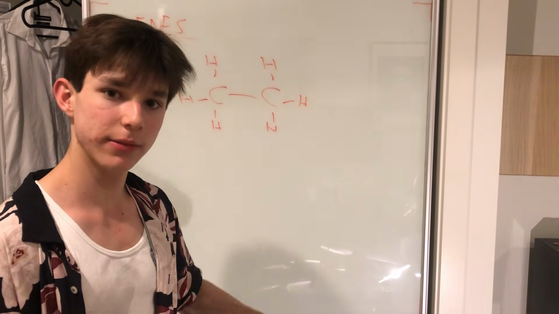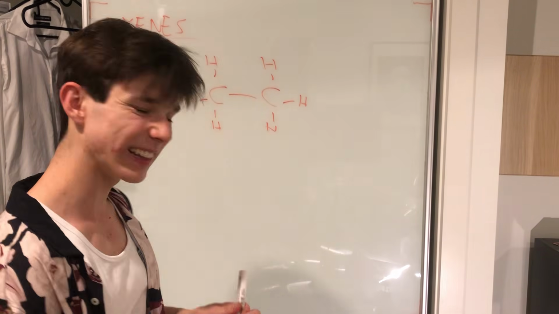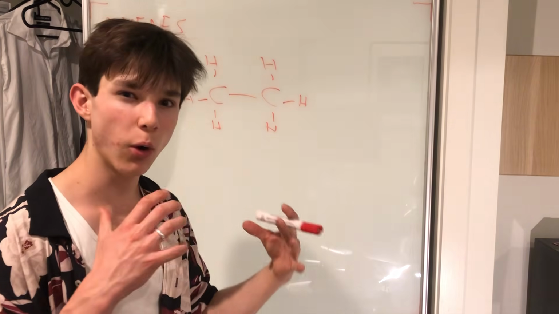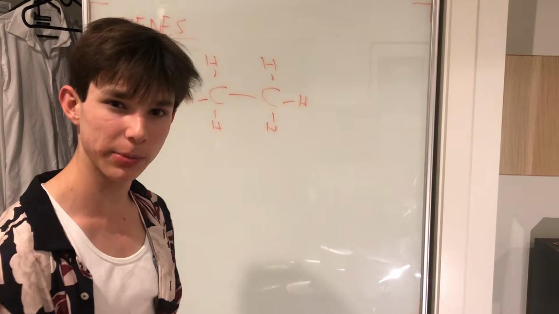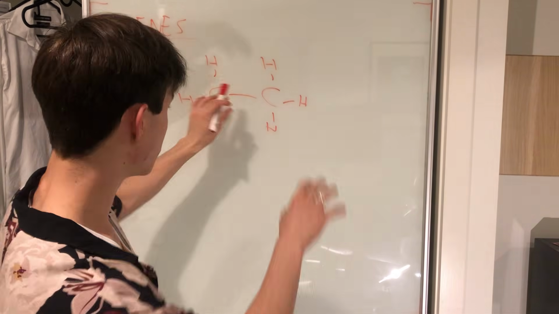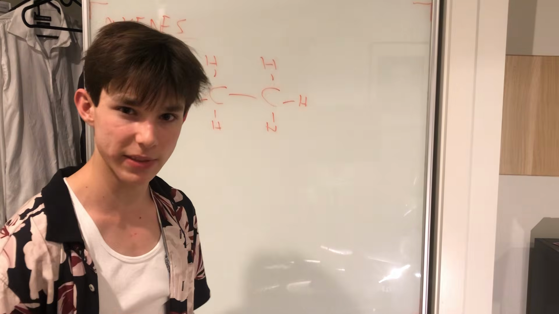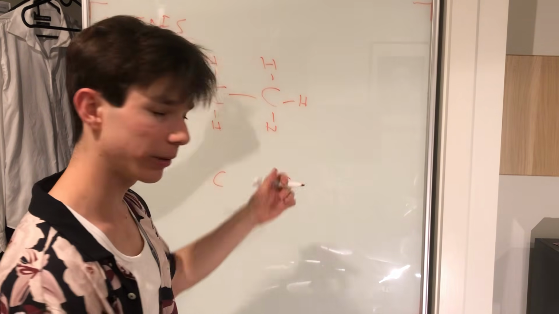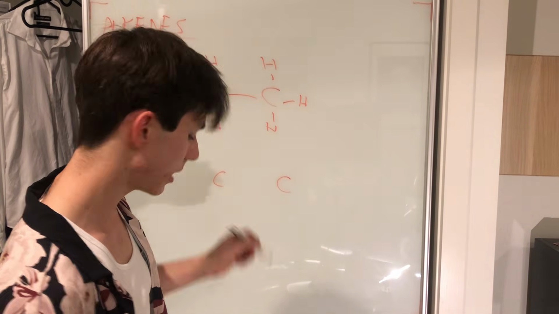This is a very simple representation, but we know the electrons, maybe from year 10 or 11, are in orbitals, these funny shaped orbitals, and they have different probabilities of being around the nucleus of the atom. So I'll draw a really simple representation of what they might look like.